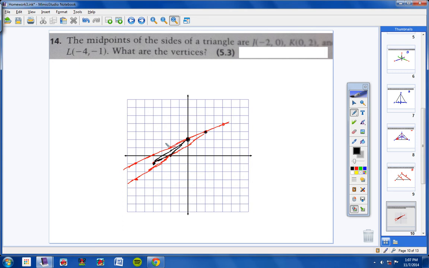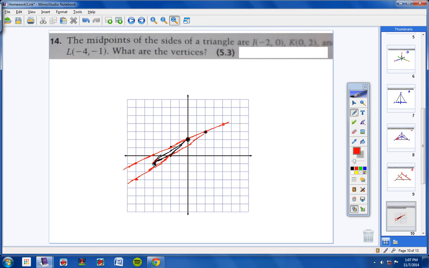The side that goes through this point has to run parallel to this side. The slope of this mid-segment is over 2 and up 2. So from this point, I'm going to go over 2, up 2, to right here. So there it is, guys. There's the other side of my triangle.